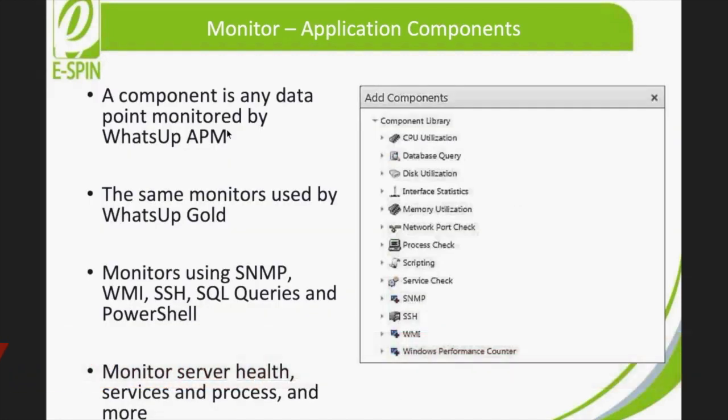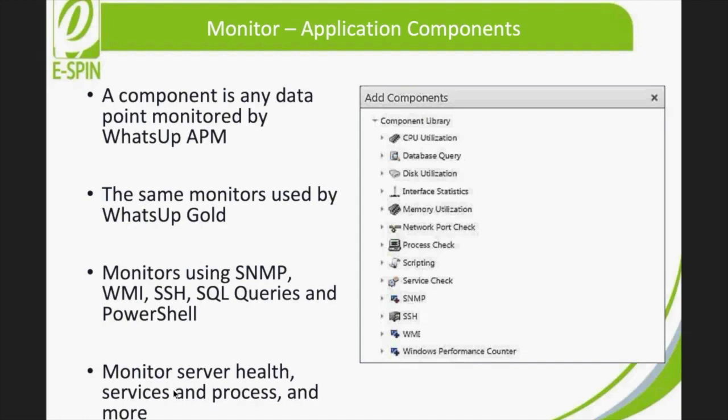Application component is any data point that you want WhatsUp Gold APM to monitor as part of your application. You may be using SNMP, WMI, SSH, SQL query, and PowerShell, or whatever is able to give you a response.